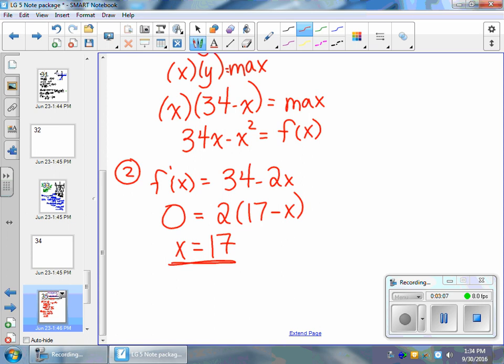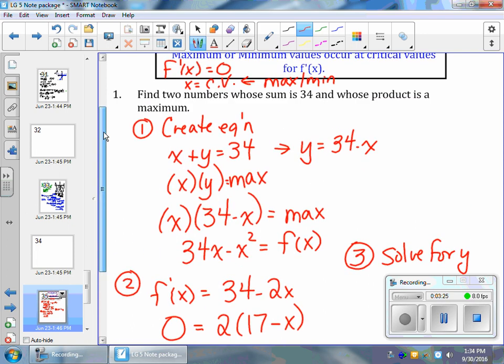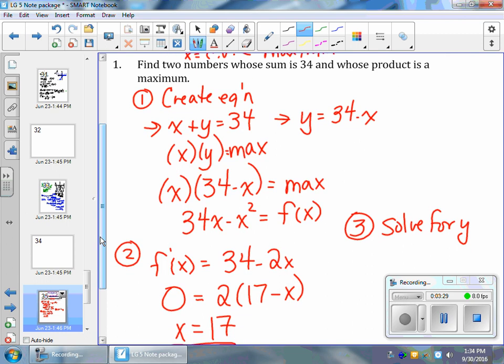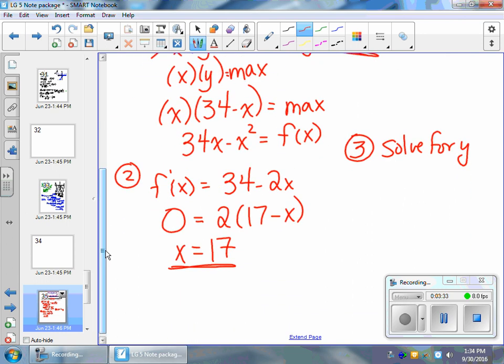Now, x is obviously one of our numbers. The question is saying find two numbers whose sum is 34 and whose product is a maximum. Well, if we already know that x is equal to 17, we can very easily find y, and we can do that by using the equations up here. We know x plus y is equal to 34, or more importantly, y equals 34 minus x.